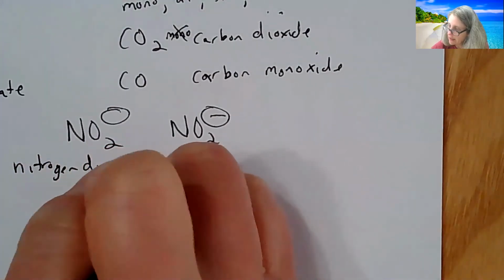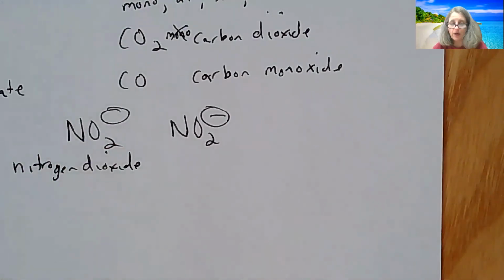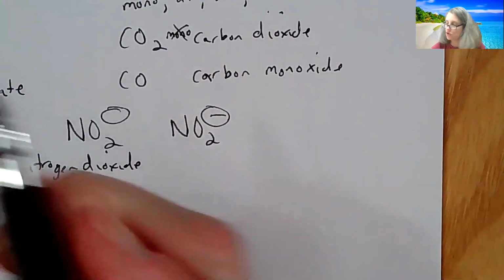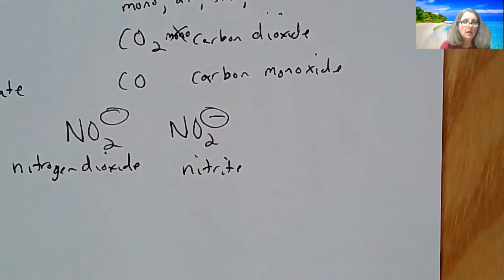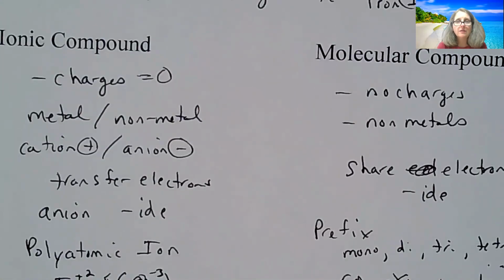Well, NO2 minus, looking it up on your table, is nitrite. So again, that's a pretty easy mistake to make, so keep that in mind. You're going to have to know ionic versus molecular and the difference between the two.